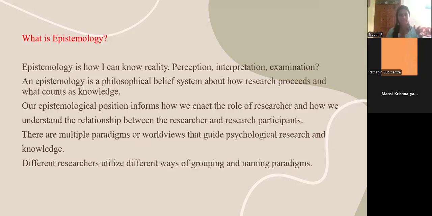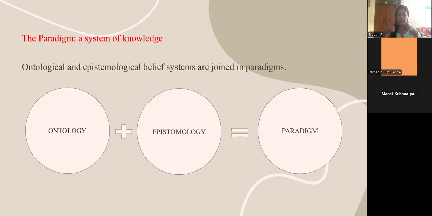We call them schools in psychology: the humanistic school, the behaviorist school, the psychodynamic school. Each of these is a different paradigm. Like I said, a paradigm is a system of epistemology; ontology plus epistemology is a paradigm.